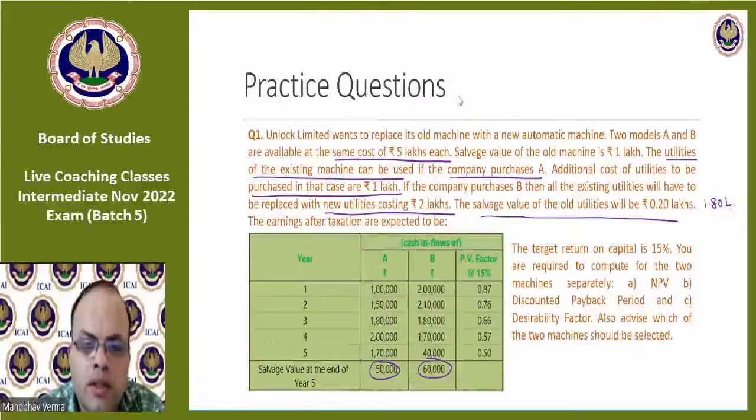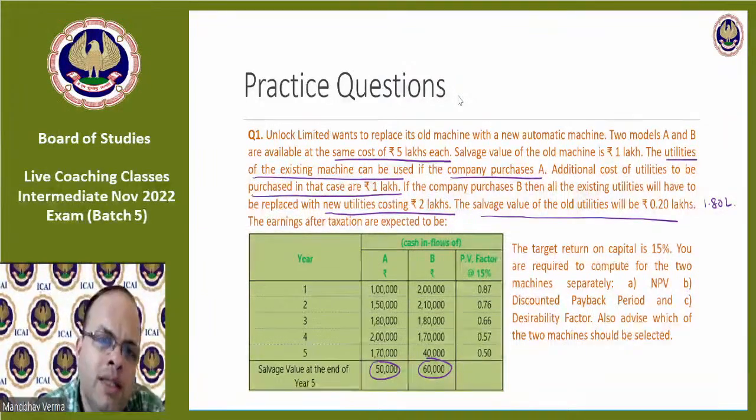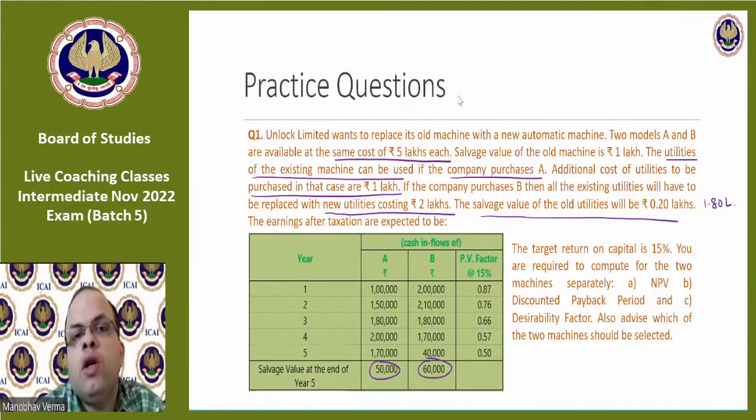So let me ask you this. I know everyone is pretty well versed in calculating the present value now. What I'm more interested in is, can you tell me, in case of machine A versus machine B, what is my initial cash outflow for machine A and machine B? Your answer has to be with A or B. You have to give me the answer for initial cash outflow for machine A and machine B both.